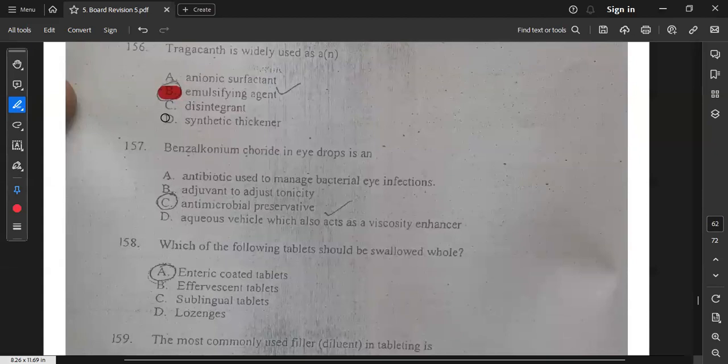Benzalkonium chloride in eye drops is an antibiotic used to manage bacterial eye infections, an adjuvant to adjust tonicity, an antimicrobial preservative, or a vehicle which also acts as a viscosity enhancer. It's an antimicrobial preservative, yeah.